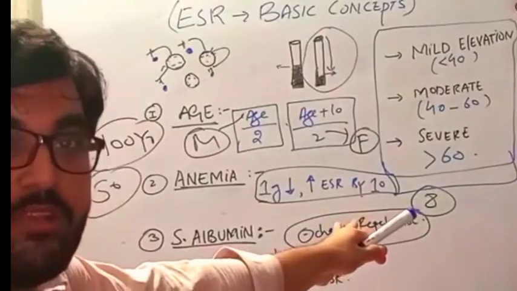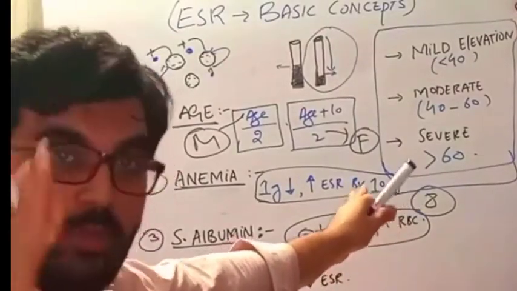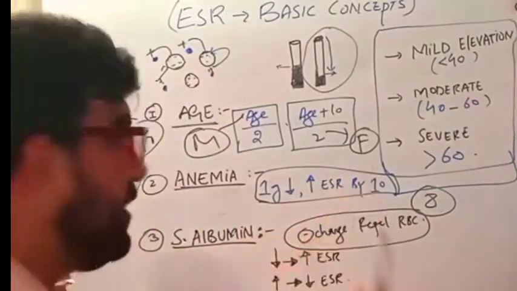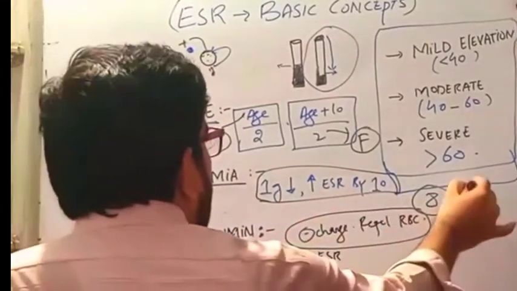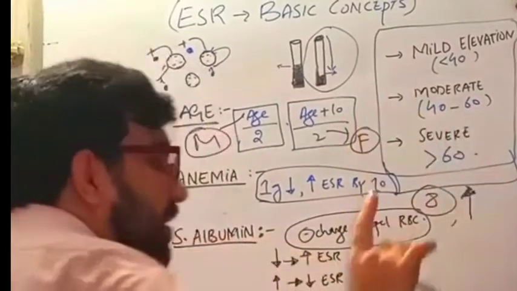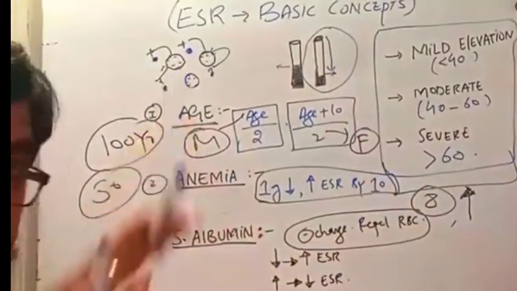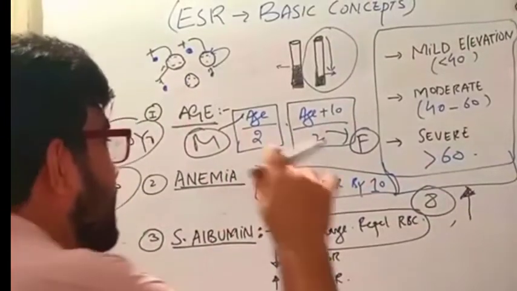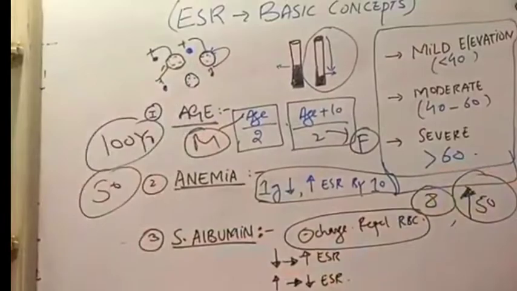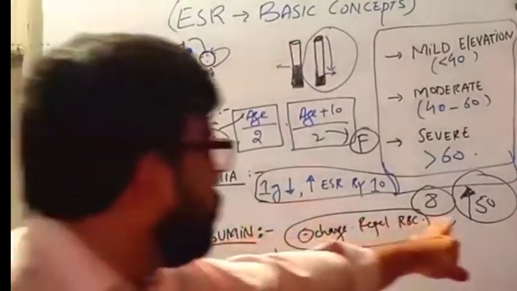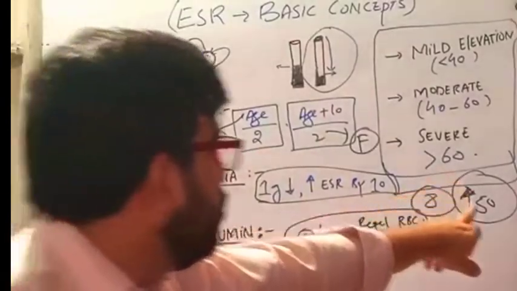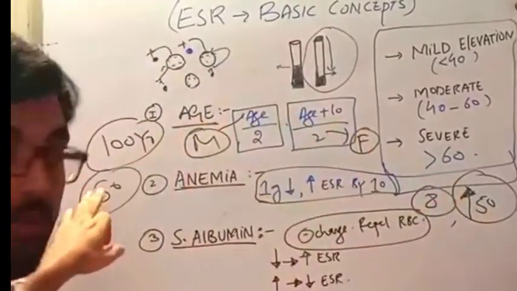So he is having a 5 point drop in the hemoglobin, and 1 drop increases the ESR by 10. So 50. You have to keep this in mind. If the hemoglobin is decreased by 5, the ESR will increase by 50. That is a very big number, and you should not take these figures for inflammation.